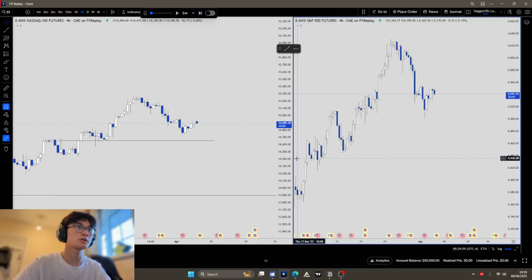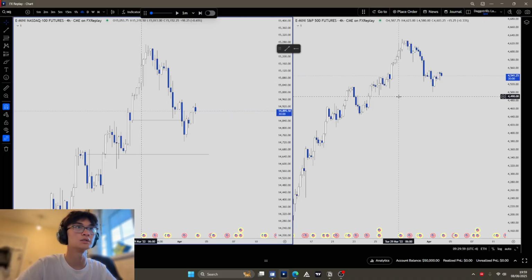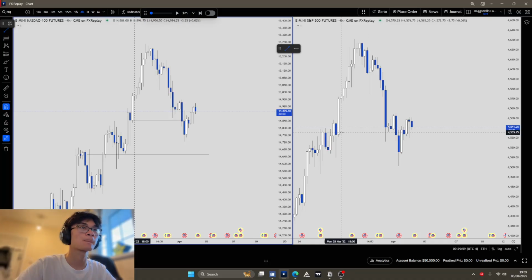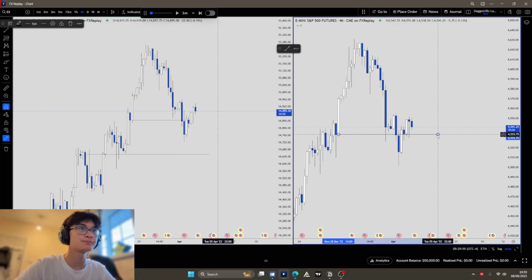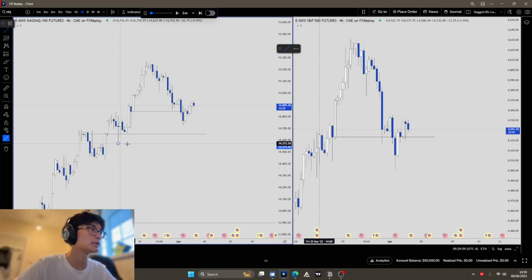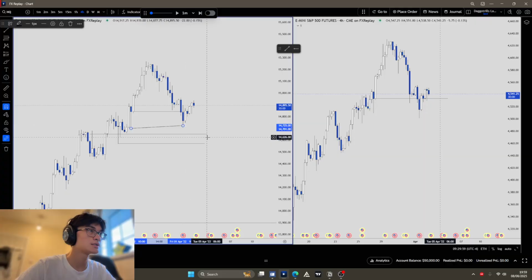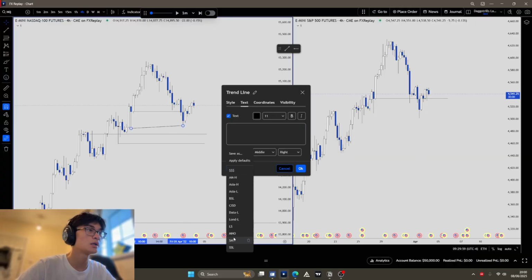4 hour, consistent order flow. Actually, no, not really. We have 4 hour change of the state, but not really that clean, to be honest. SMT at these lows. Yeah, SMT at this low here. NQ is the stronger asset, so I'm just gonna mark on NQ here.